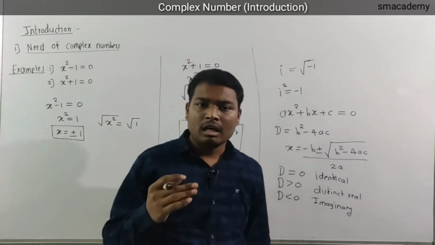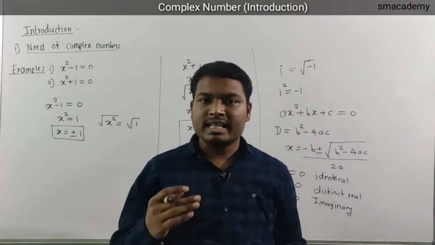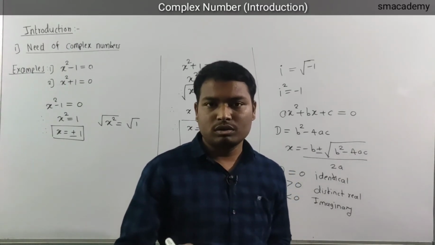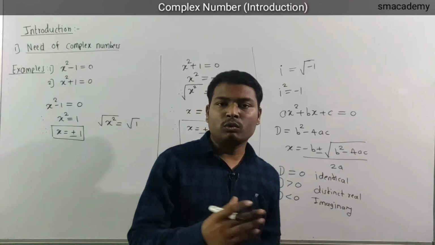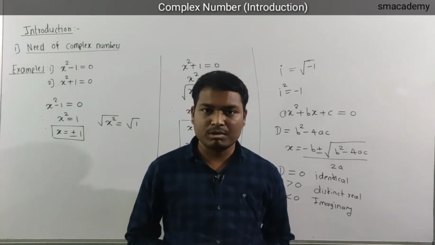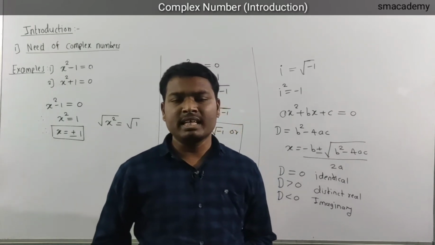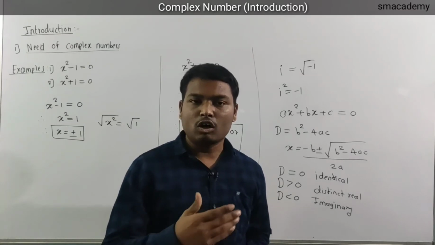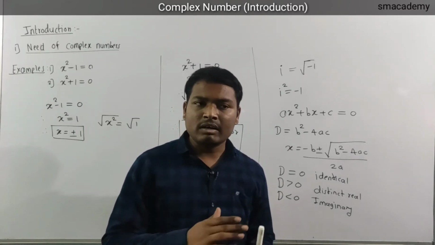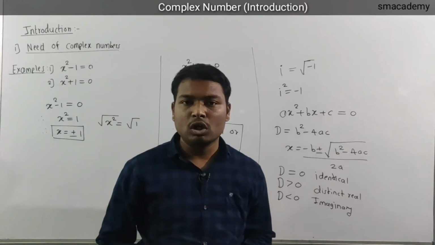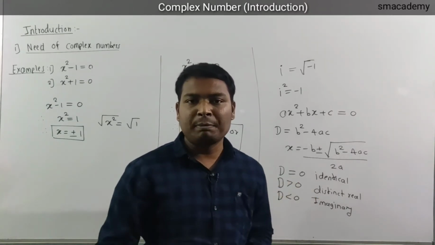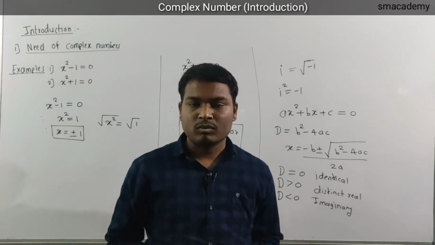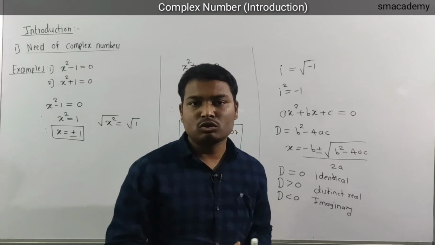Now see, day by day there is also a need to introduce complex numbers. Why? Because in electromagnetic theory, or in scientific concepts, there are various types of equations which are useful to solve various applications of engineering, architecture, technology, etc. But these equations have real solutions.